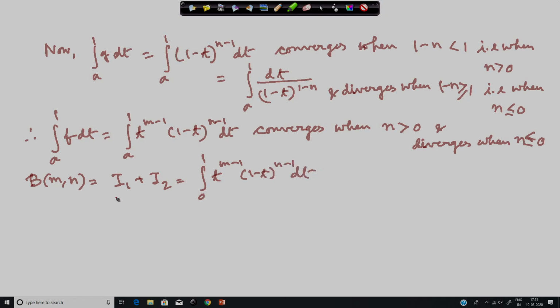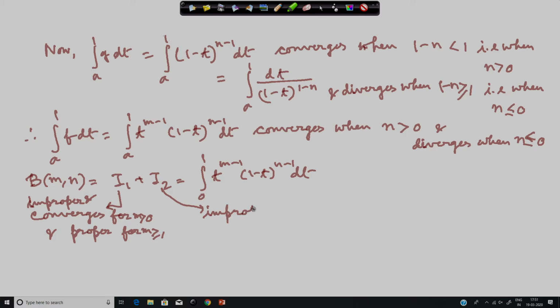I 1 is improper and converges for m greater than 0, and is proper for m greater than or equal to 1, whereas I 2 is improper and converges for n greater than 0, and it is proper for n greater than or equal to 1.